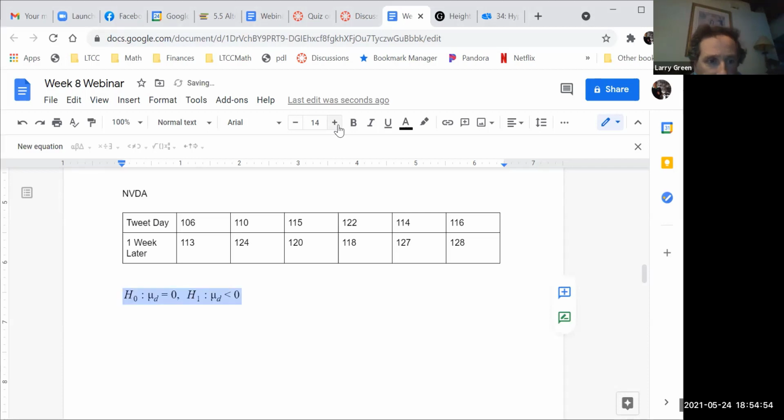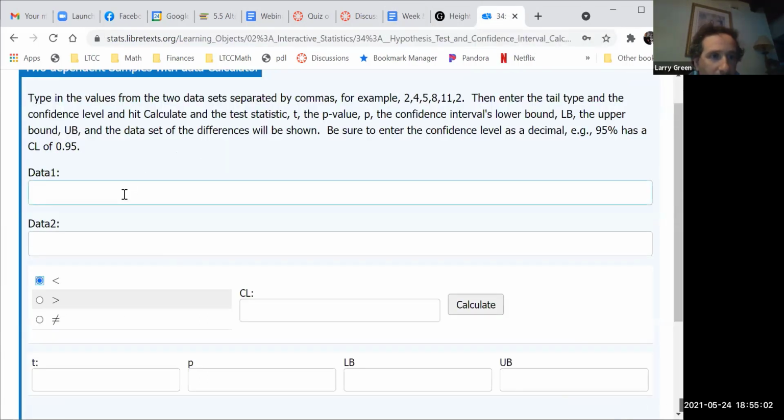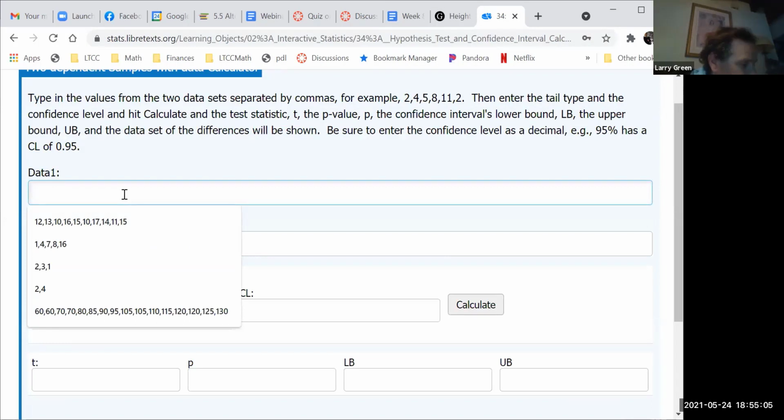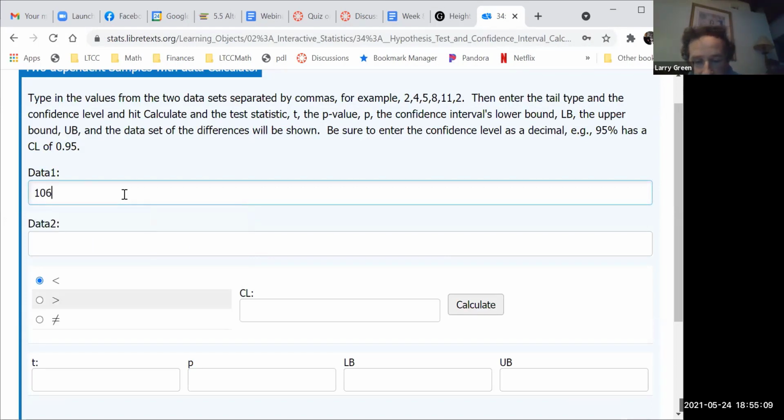Make it a little bigger. Okay, now we're ready. We can go right to the calculator. I've already clicked the calculator button. Data 1 separated by commas. I wrote this down: 106, 110, 115, 122, 114, 116.